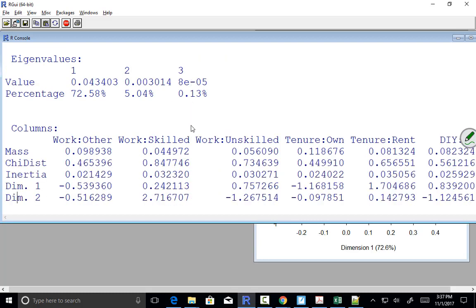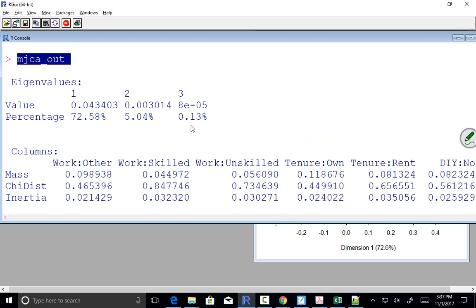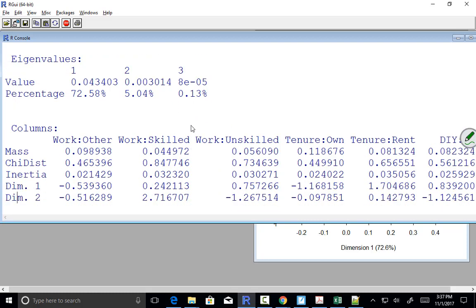And if you look at it, the output is very similar to PCA type output. There are eigenvalues, and then there are eigenvectors. The eigenvalues are going to tell us about what proportion of the story is explained by each of these discovered new variables.